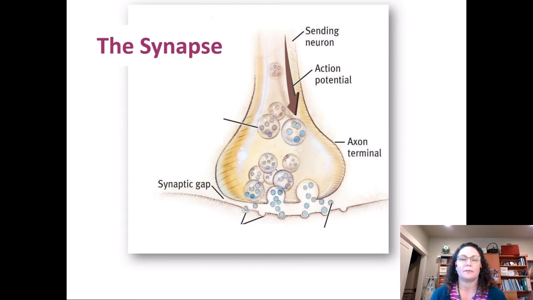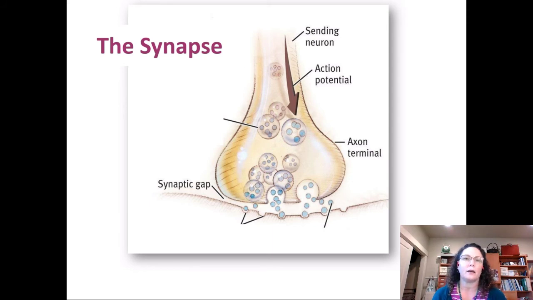The synapse. Okay, so I told you that a neuron is completely electric. Electricity cannot reliably jump gaps. It can use the molecules of water to conduct itself. It can use metal, things like that.